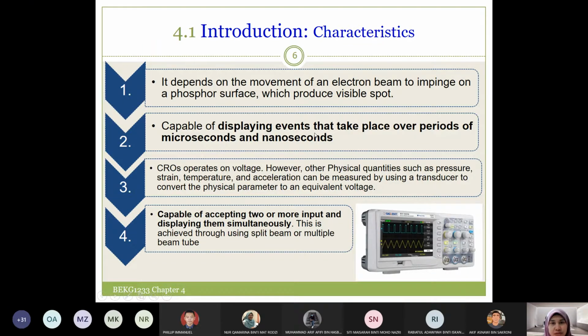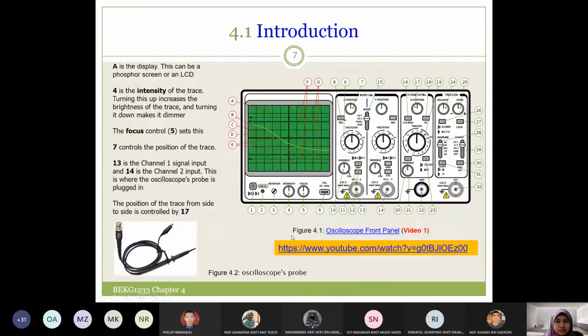It's capable of displaying events that take place over periods of microseconds and nanoseconds. CRO or cathode ray oscilloscopes operate on voltage. However, other physical quantities such as pressure, strain, temperature can be measured by using a transducer to convert the physical parameter to an equivalent voltage. Capable of accepting two or more inputs and displaying them simultaneously.